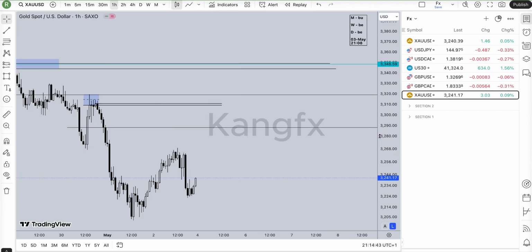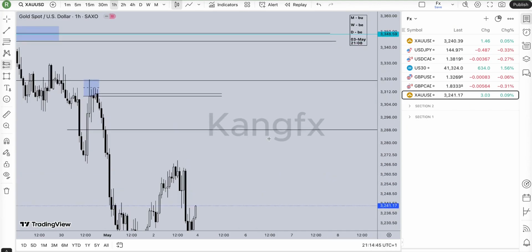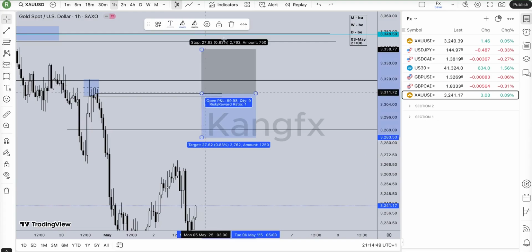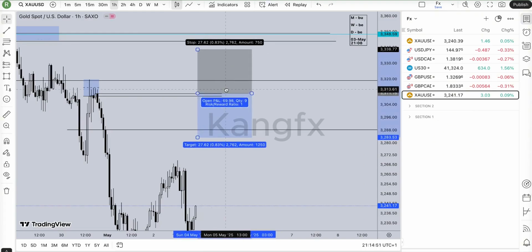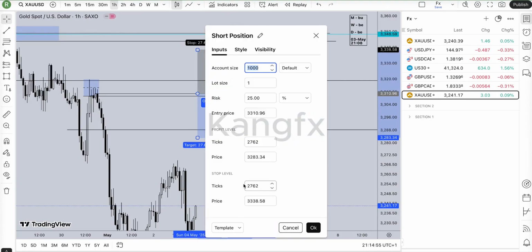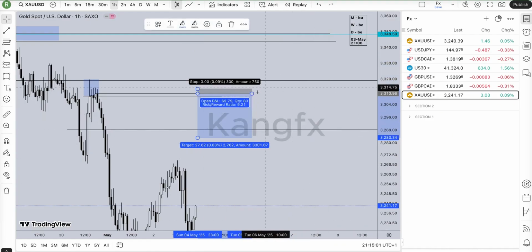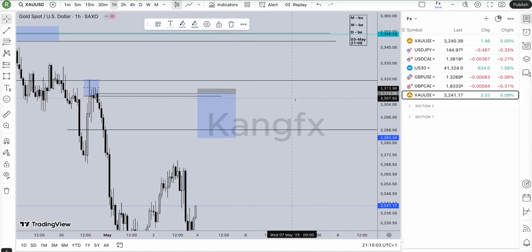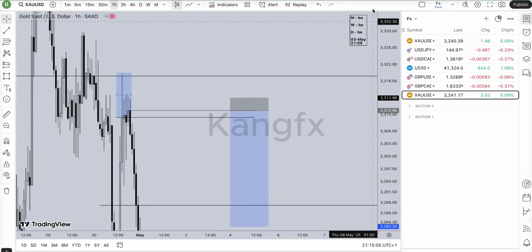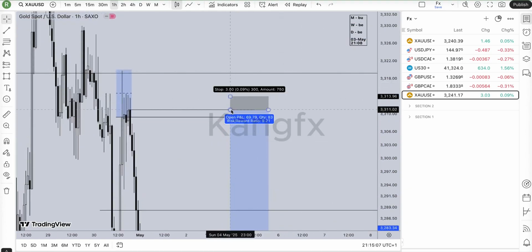The same thing: I place my entry, adjust my stop loss, and adjust my entry to cover for extra pips, just like we did. 300 for 3 pips. Then I add extra pips there, maybe 0.5.